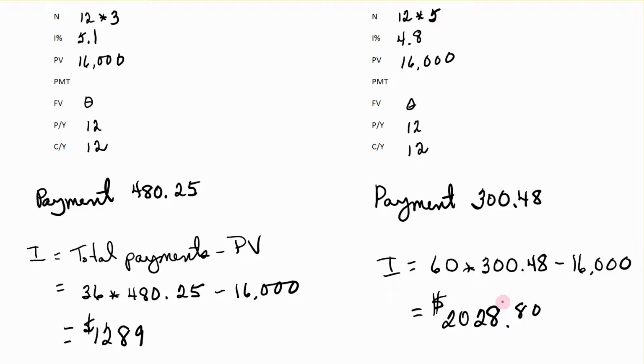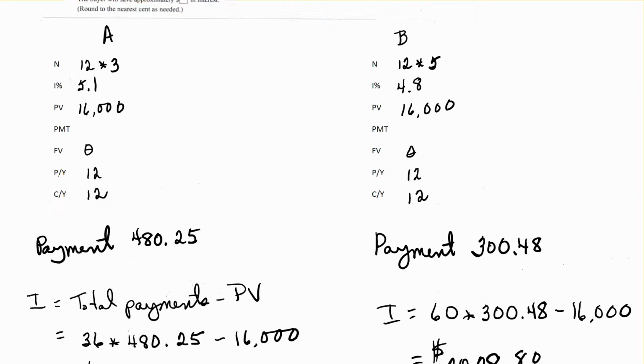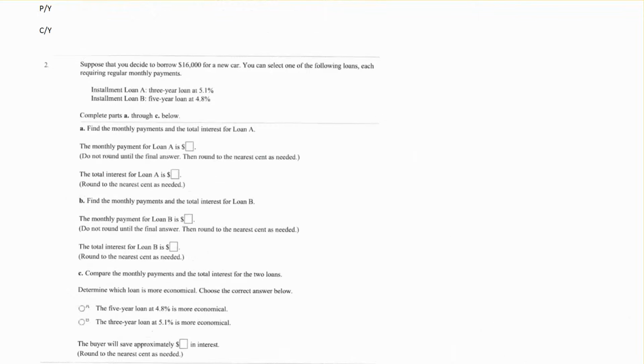All right, so we found the answer to the loan payment for A, the interest for A, the loan payment for B, the interest for B, and now it says compare them, which loan is more economical. And it turns out that the 3-year loan is more economical, and it says you will save how much interest.